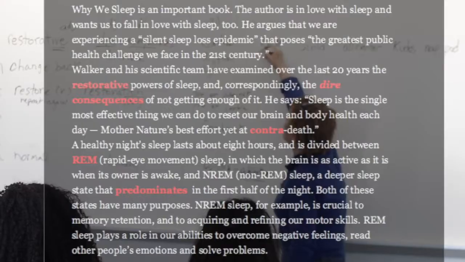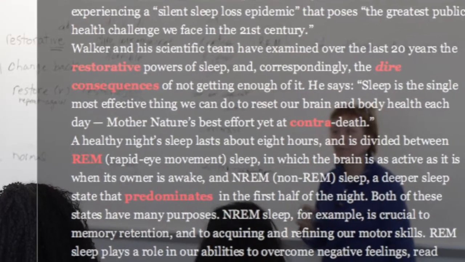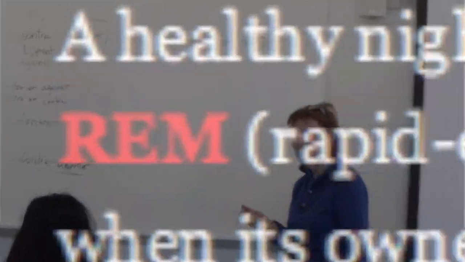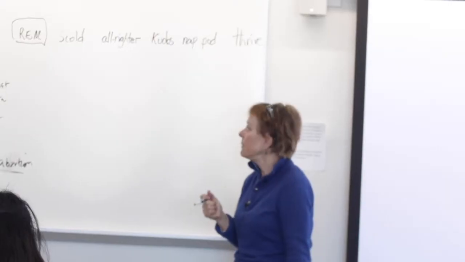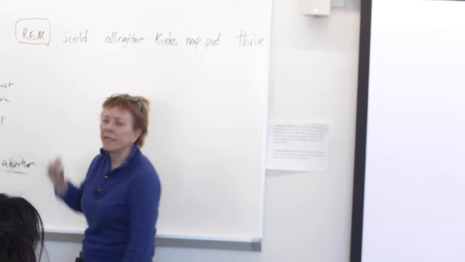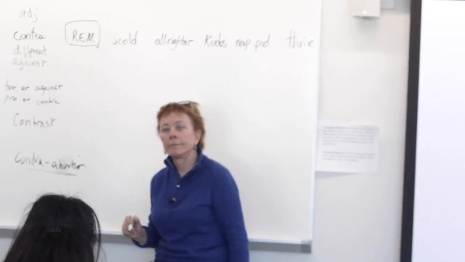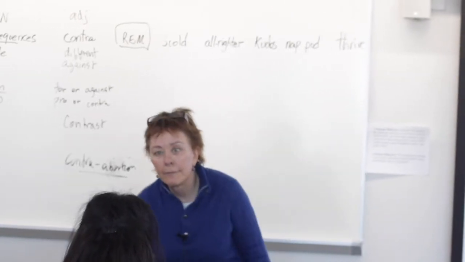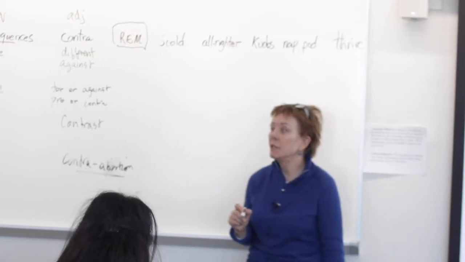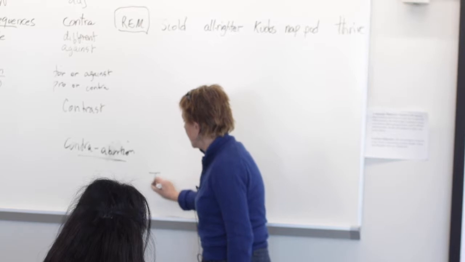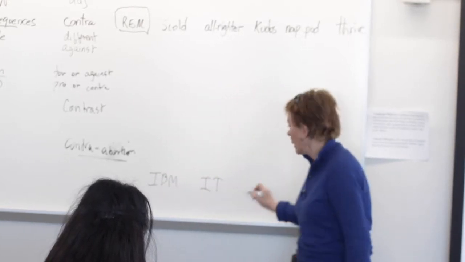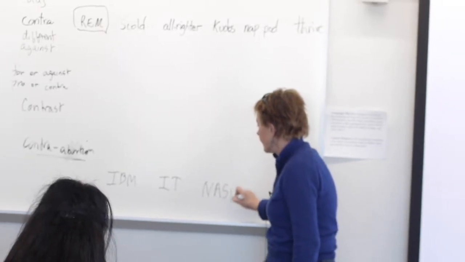Okay. Here's another word that was in your text, REM. And if you look at that text, it signals something. What does it mean? Rapid eye movement. What do we call these words that are shortened? Abbreviations. It is an abbreviation. It's also, like we have the word IBM or IT or NASA.